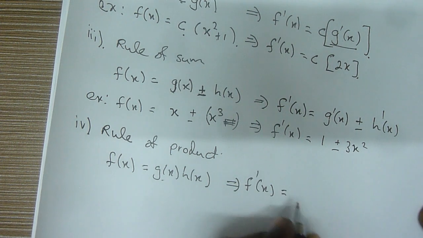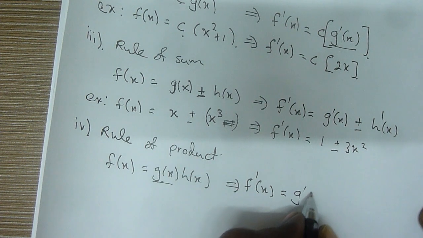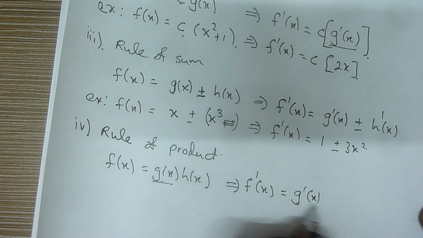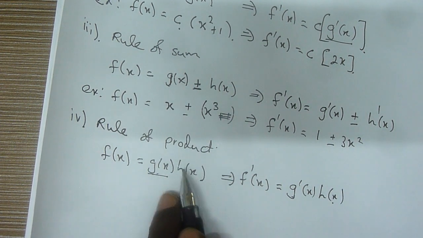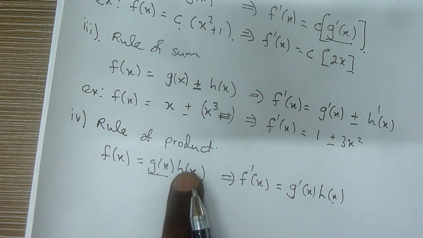First you differentiate the g(x), then leave h(x) as it is, don't disturb it, because you are treating it as a kind of constant.